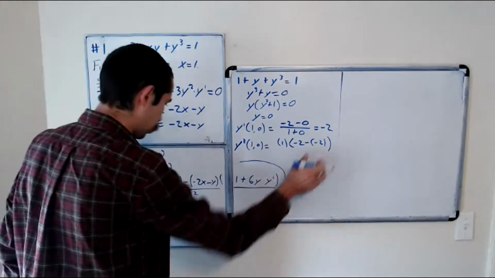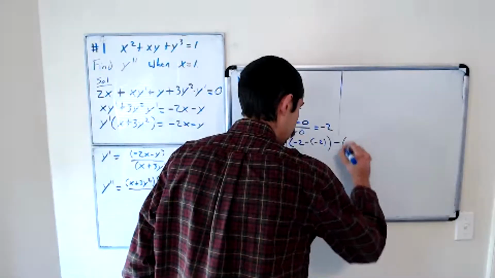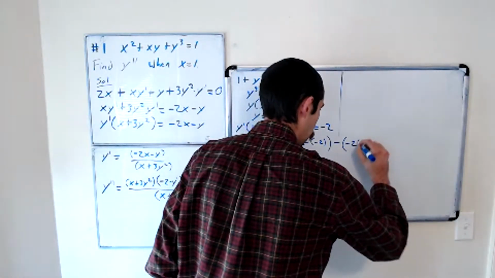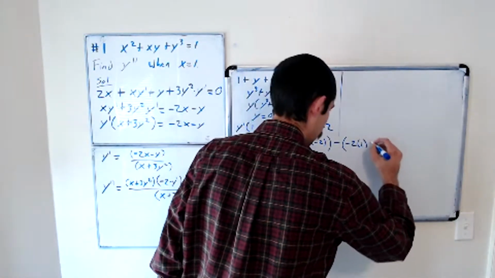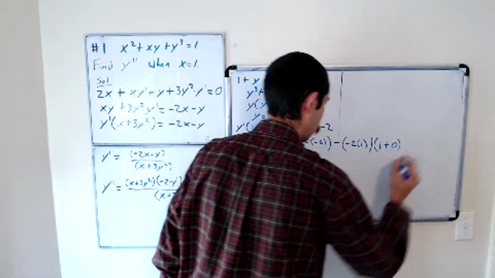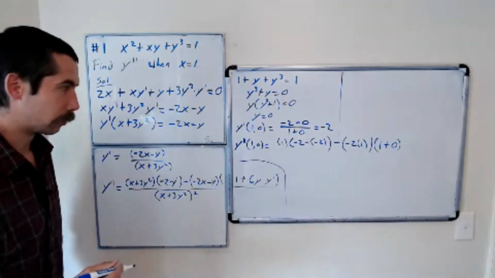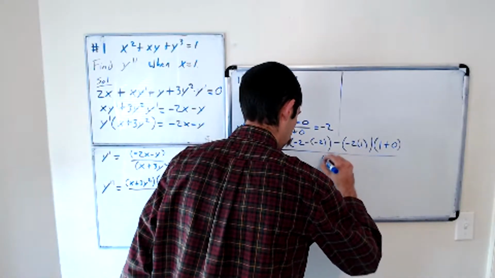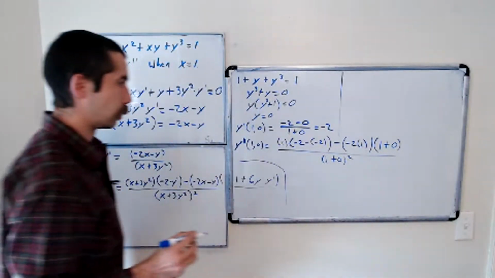Okay, that's 0. Minus, okay, negative 2 times 1 minus 0, 1 plus 0, all over the bottom squared, which is 1 plus 0 squared.